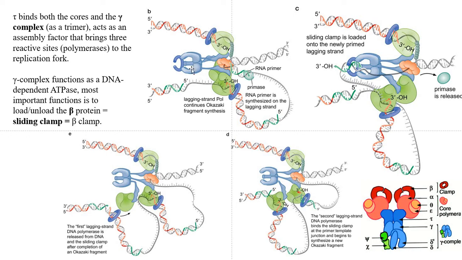So this gamma complex will take this sequence and put this beta clamp onto that sequence. Once the beta clamp is formed, the DNA polymerase will move along with this beta clamp and will synthesize this strand.